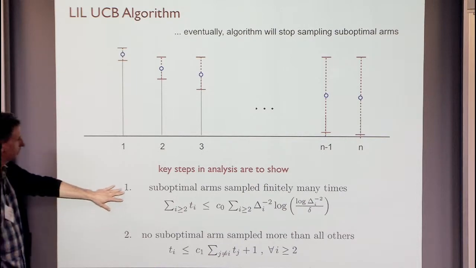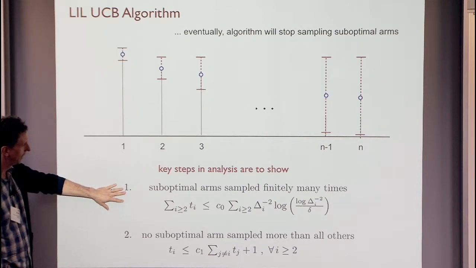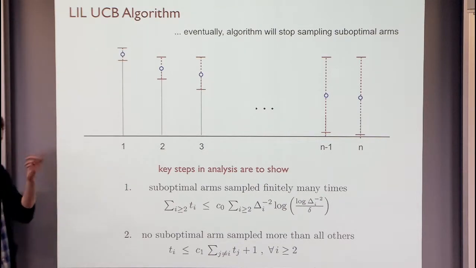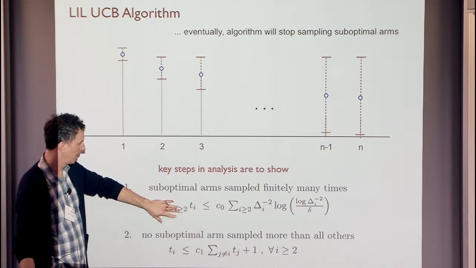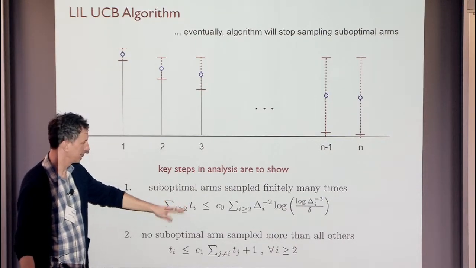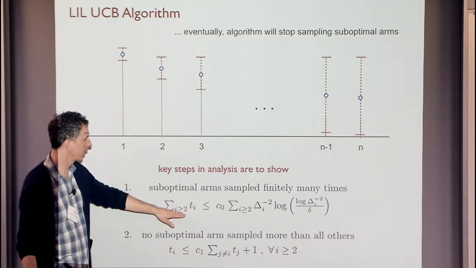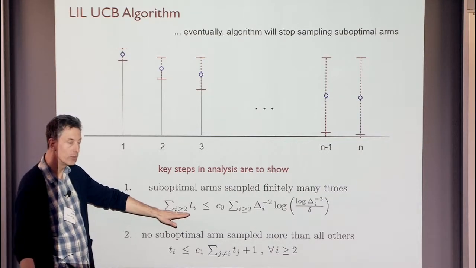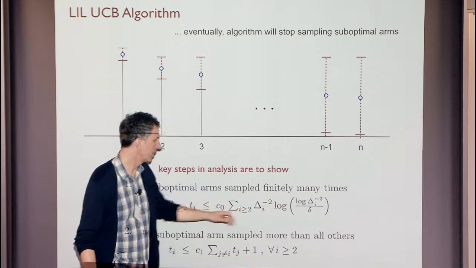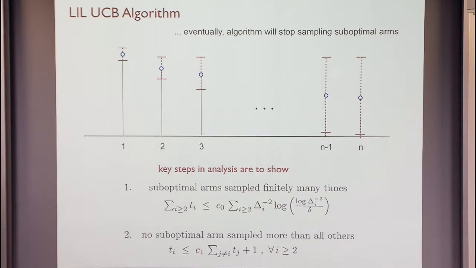So there's 2 key steps. The first is to show that the suboptimal arms using this UCB algorithm will be sampled finitely many times. And in fact, you can get a bound like this, that with high probability, the total number of samples you take from arms 2 and larger is going to be bounded by something like what we were hoping for before in terms of that total complexity bound.